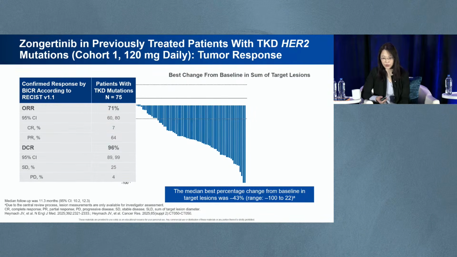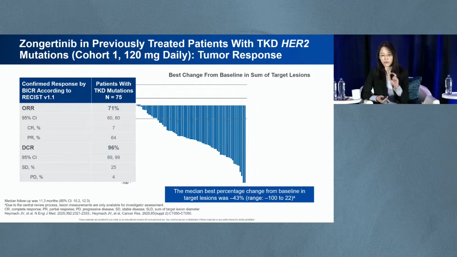The first cohort that was reported out was at 120 milligrams once-a-day dosing for patients who had prior treatment for HER2 mutation disease. However, no HER2-targeting ADC had been used in the prior lines of therapy. The waterfall plot showing here has a response rate of 71%.